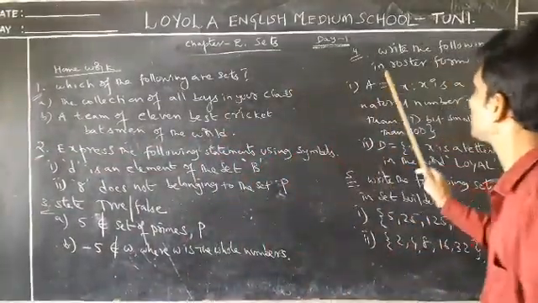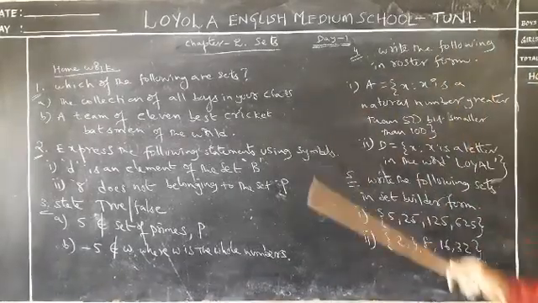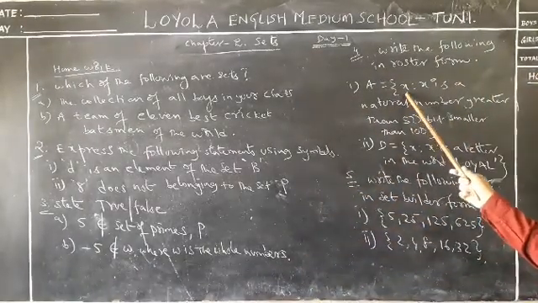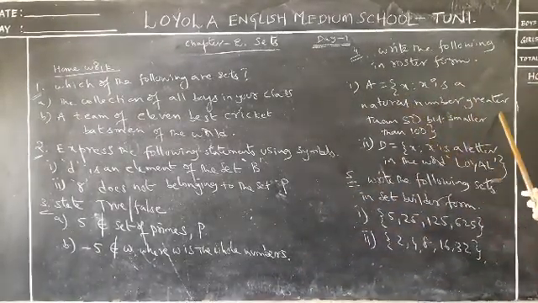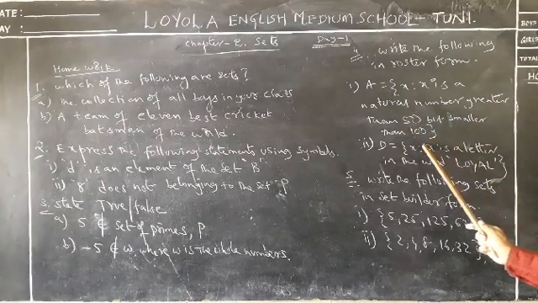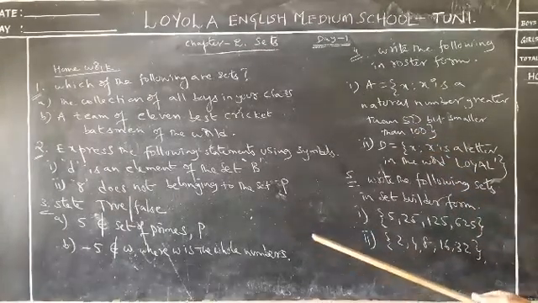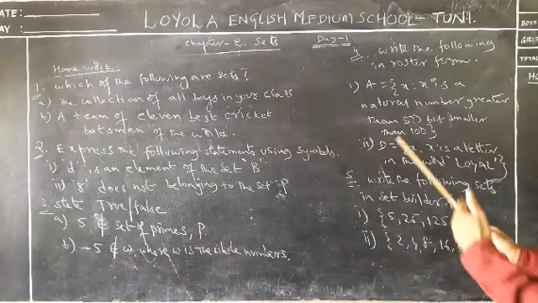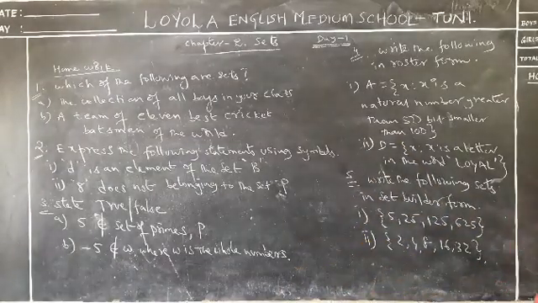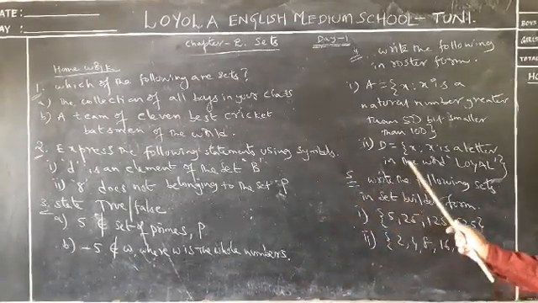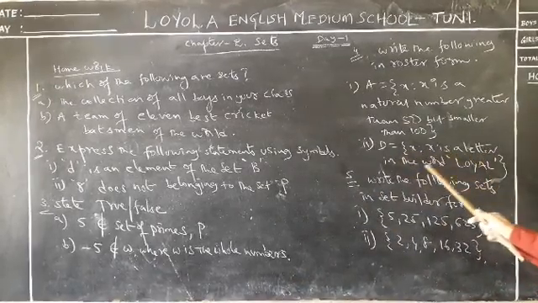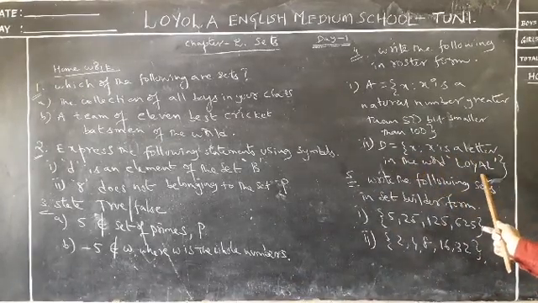And fourth question is write the following in roster form. First one, x such that x is a natural number greater than 50 but smaller than 100. A natural number is more than 50 but less than 100. So between 50 and 100, write whatever numbers are possible. And second one, x such that x is a letter in the word loyal.